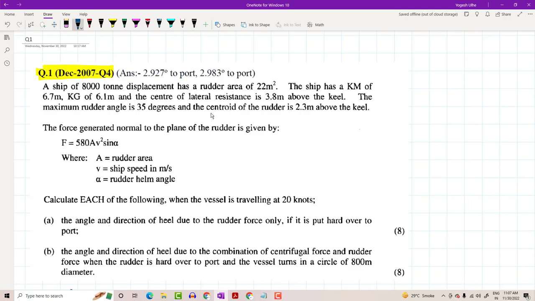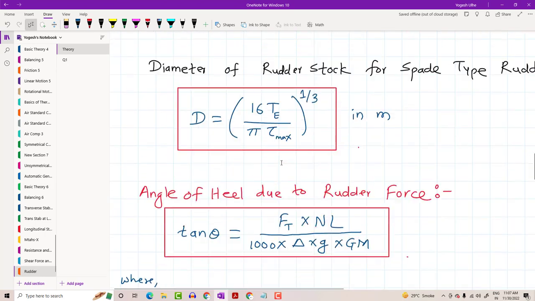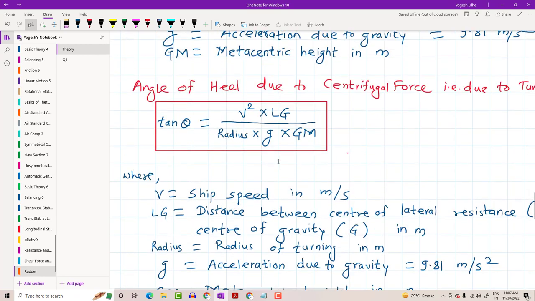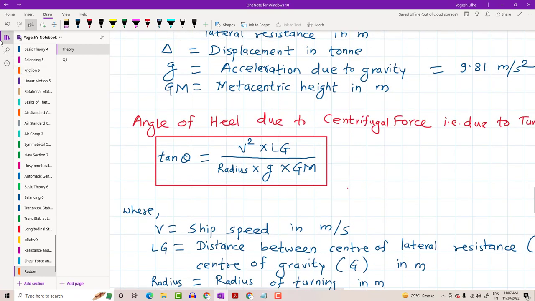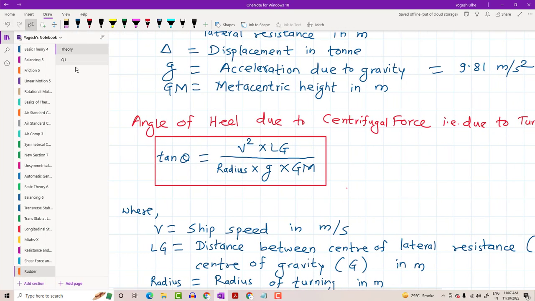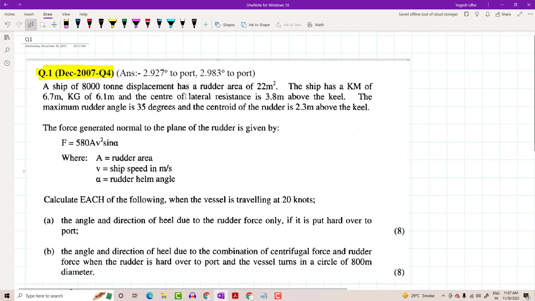Center of lateral resistance, we denote by L. If you remember our theory, L means center of lateral resistance, that is, the distance between keel and center of lateral resistance.